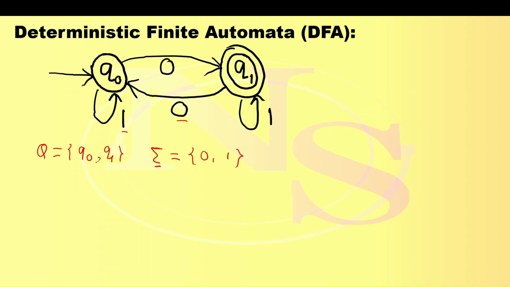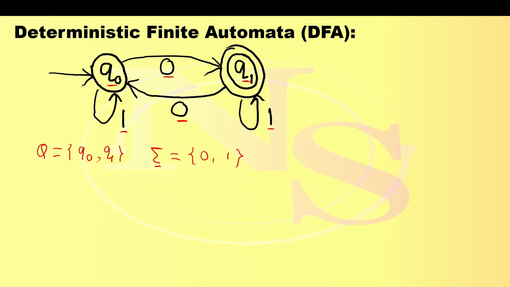Now in this case, from Q0 there is one transition for 0 and one transition for 1. From Q1, one transition for 0 and one transition for 1. So there is only one transition from each state for each symbol, and it must be there. If any transition is missing, we cannot call it deterministic.